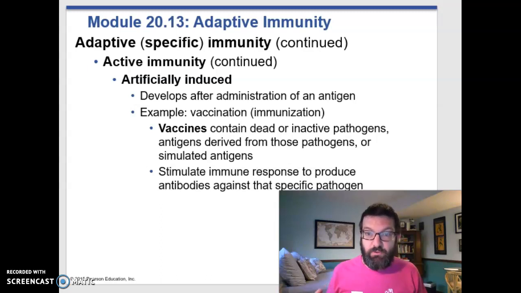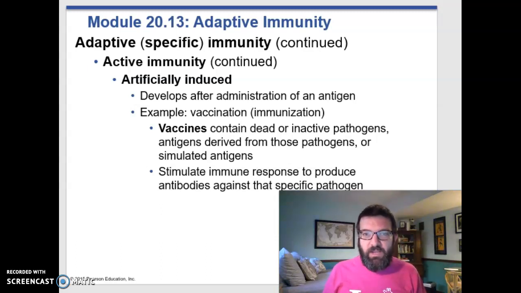But you have been exposed to that antigen, to that shape, right? And it causes your body to have an immune response without ever having to be infected, which is obviously pretty nice.